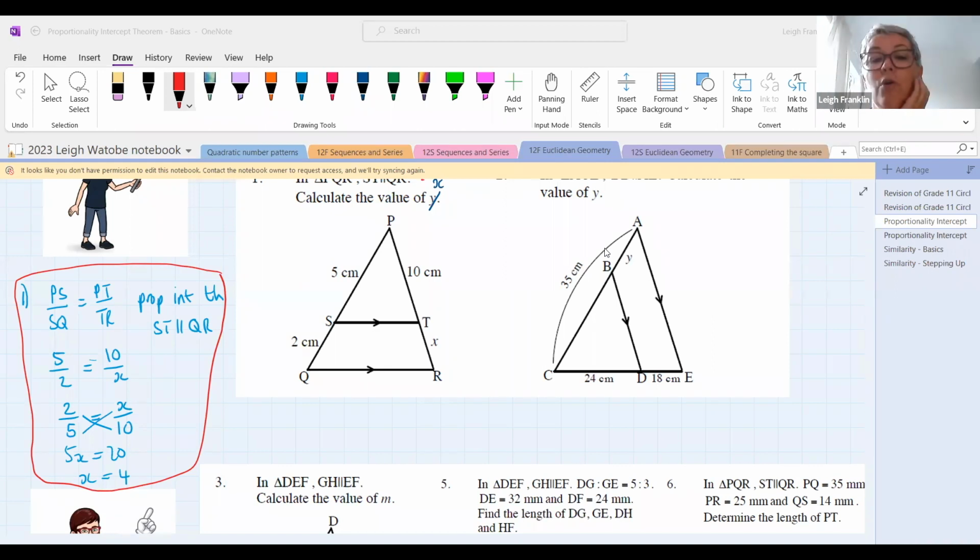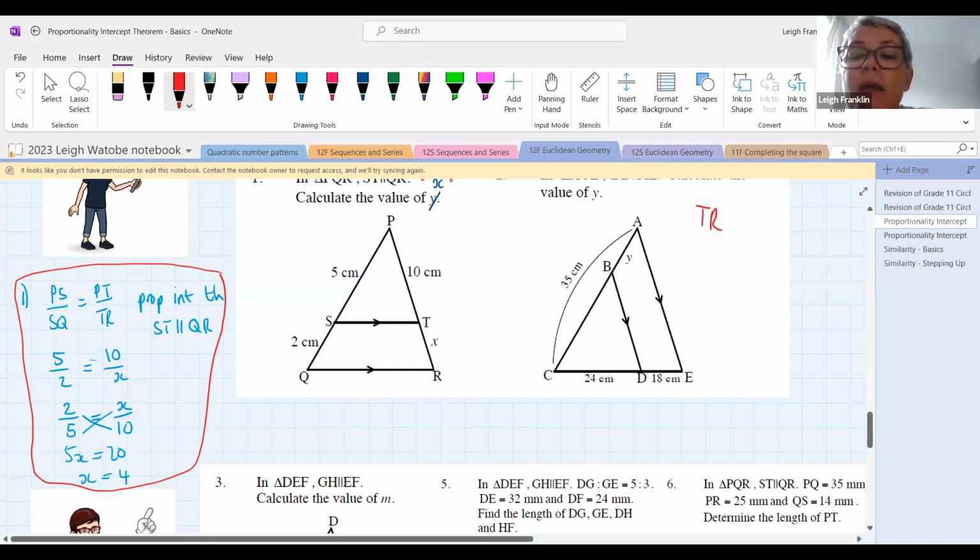I wanna know when you're trying to find the one side, can you say TR over PS, like the other side of the triangle? Okay, just hang on, let me just write down what you're saying. So can you say TR? No, you can't do that. You can't put the one side with the other side.